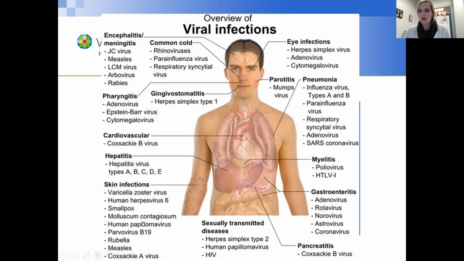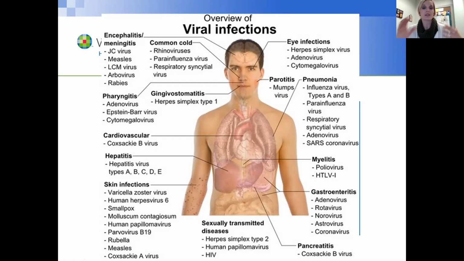Smallpox we no longer see anymore. Fun fact, smallpox was eliminated. It was completely eradicated in, I think, 1976. So not too long ago, but because of vaccines, we no longer have smallpox anymore. We no longer have the polio virus anymore.